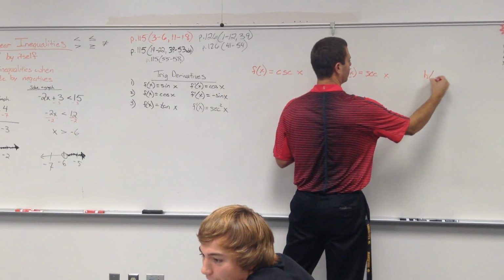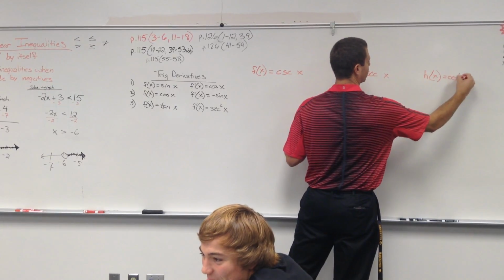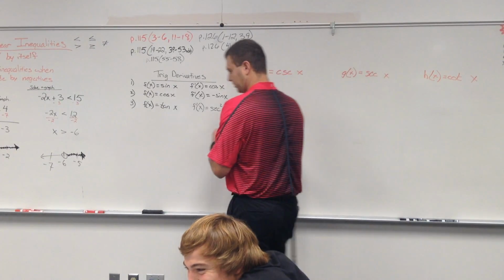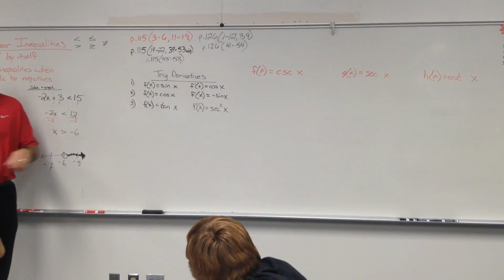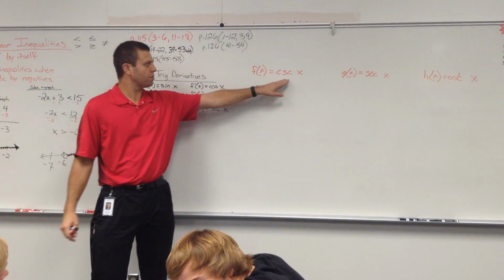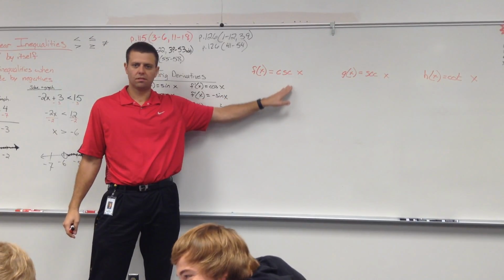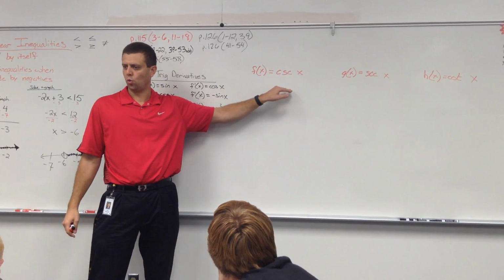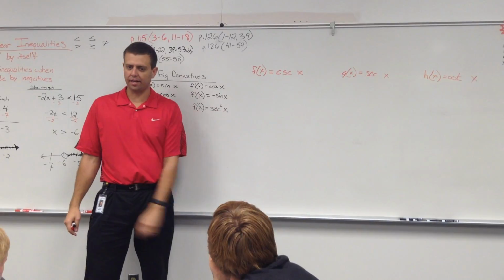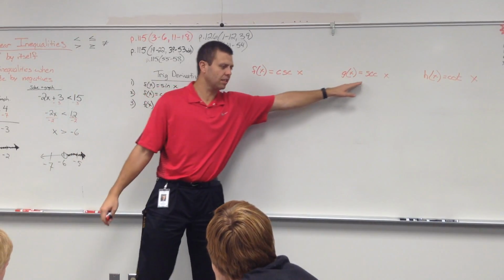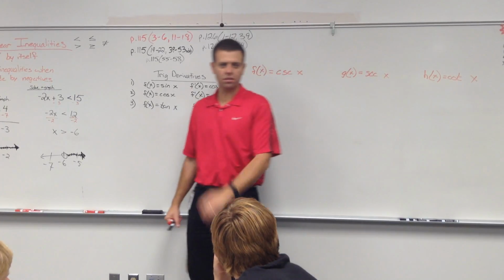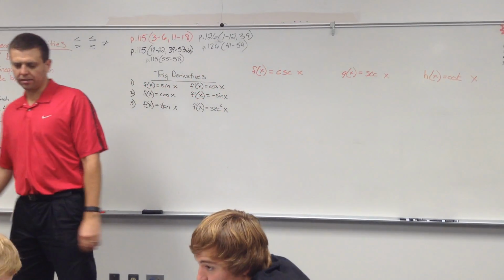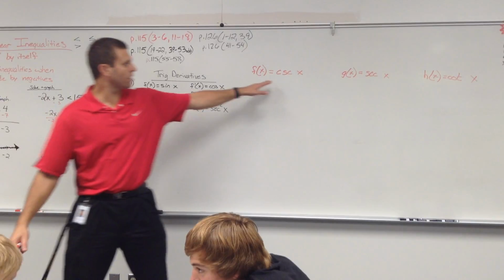And let's do cotangent x. How are you going to rewrite cosecant? 1 over sine x. How are you going to rewrite secant? 1 over cosine. How are you going to rewrite cotangent? Cosine over sine.